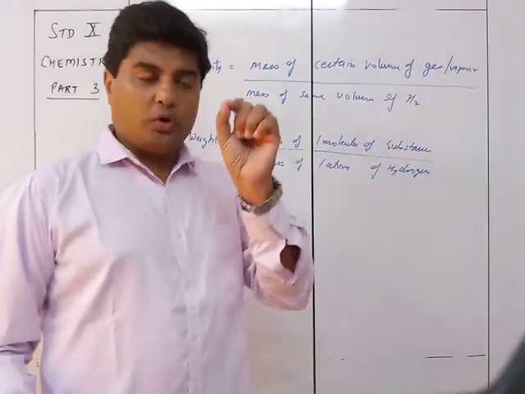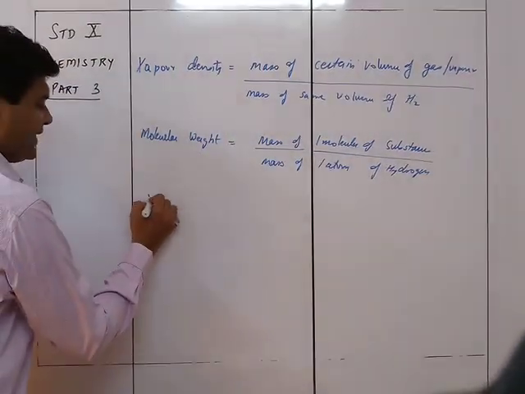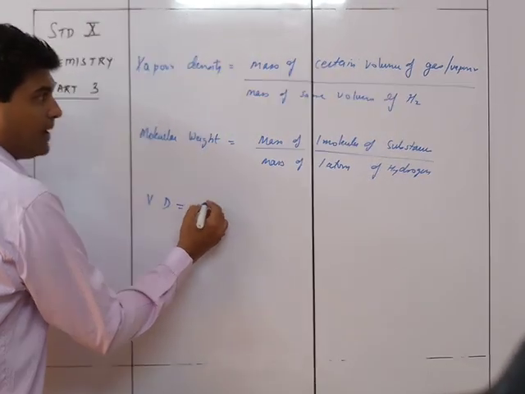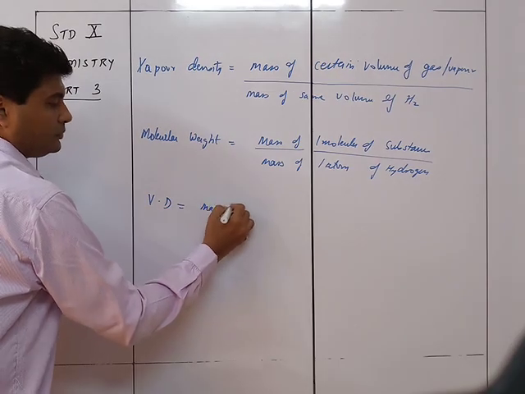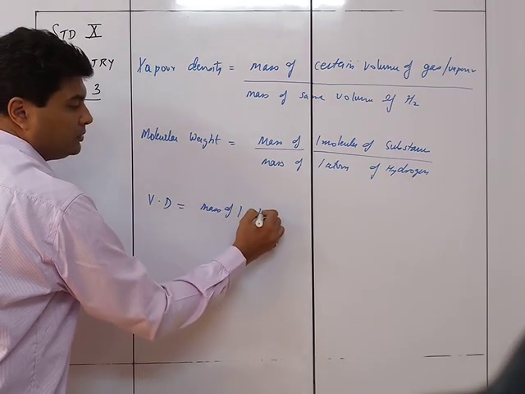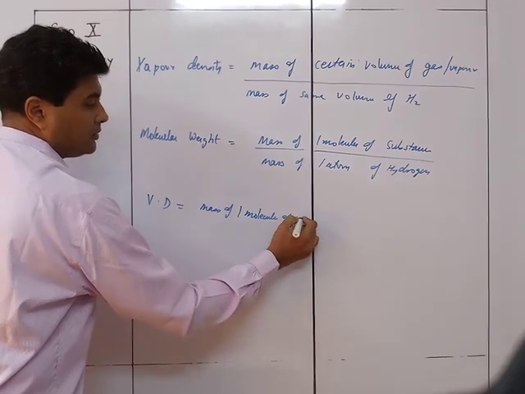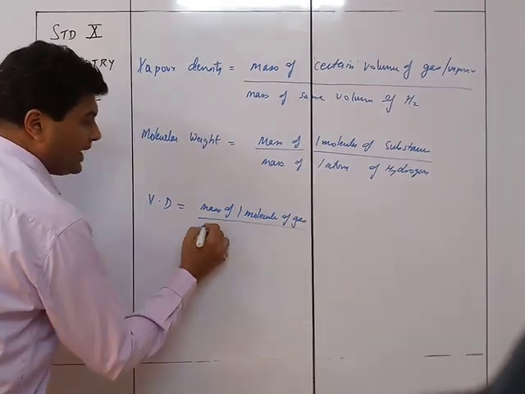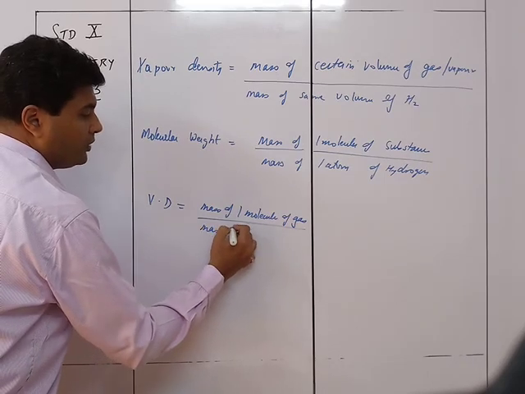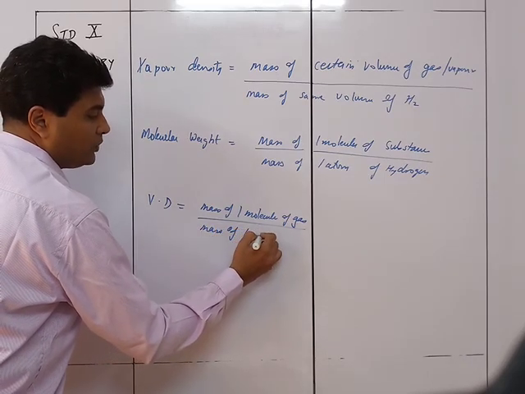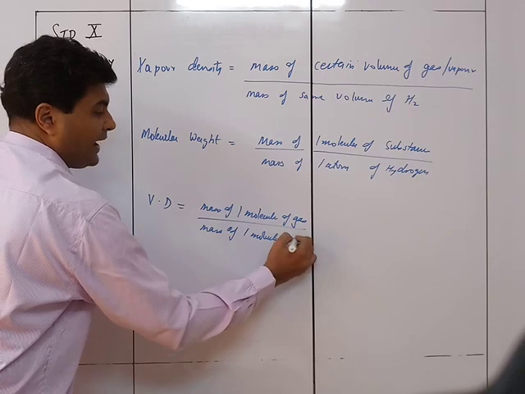if I take one volume, suppose vapor density is equal to the mass of one molecule of gas upon the mass of one molecule of hydrogen.